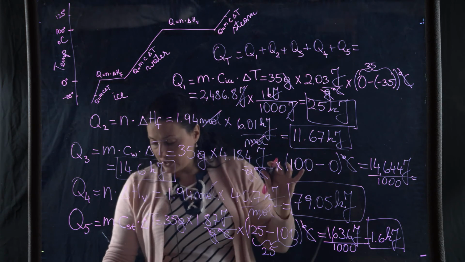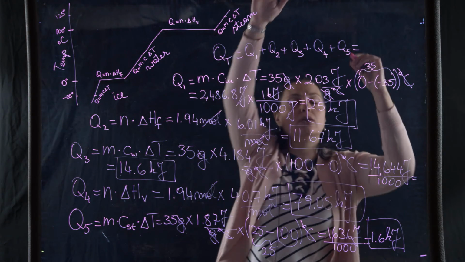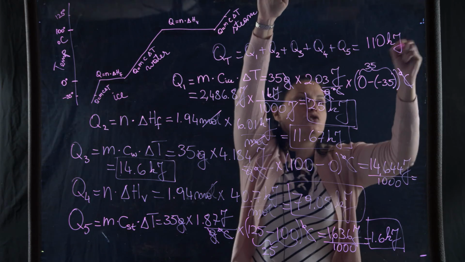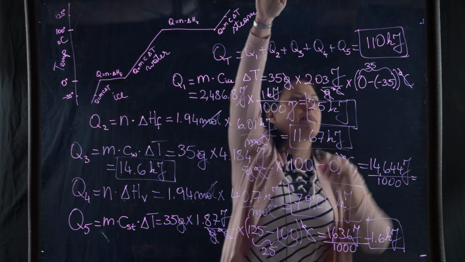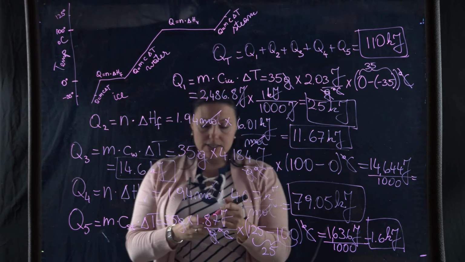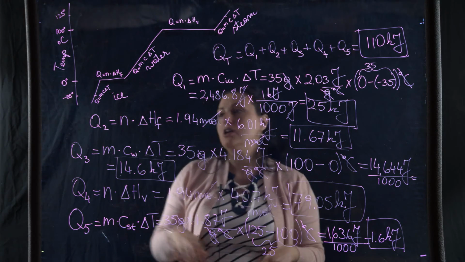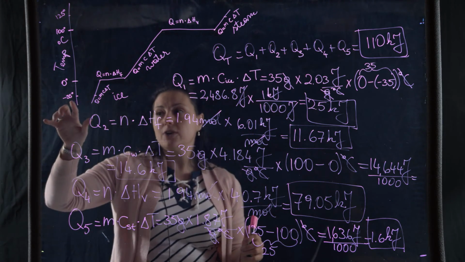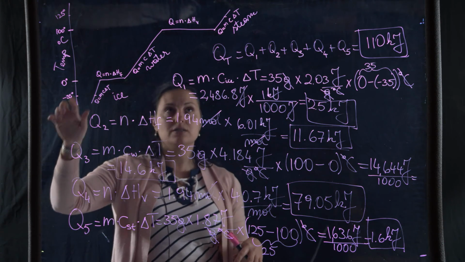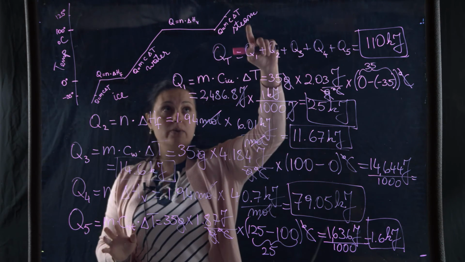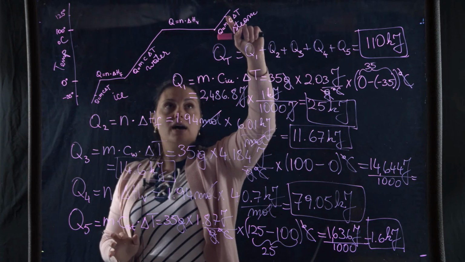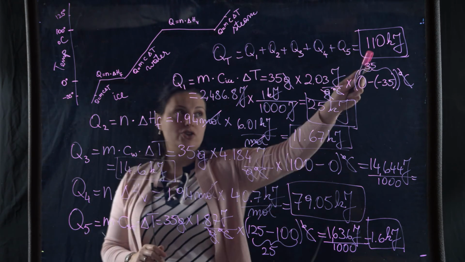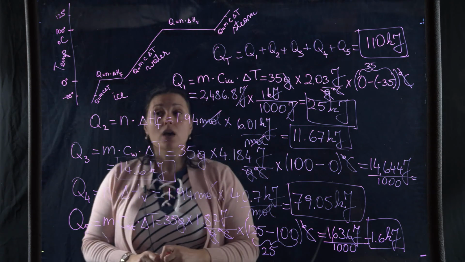Then if you add all of these values together, you should get, with significant digits, 110 kilojoules of energy. It takes 110 kilojoules of energy to heat up 35 grams of ice from minus 35 degrees Celsius all the way, converted all the way to steam at 125 degrees Celsius. That is how much energy you need.